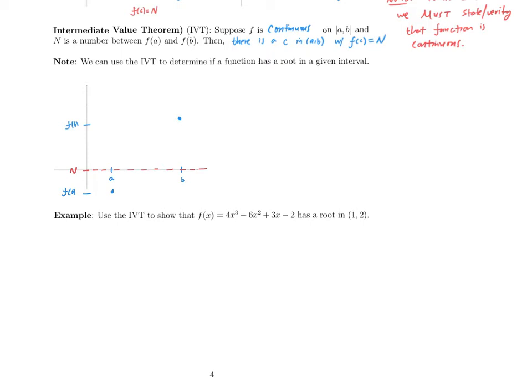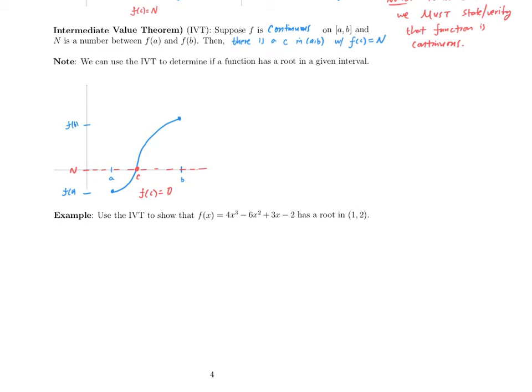So it could be 0. So when we connect these 2 points with a continuous function, no matter how hard we try not to, at some point in between, there's going to be this value where you cross the x-axis, which indicates that you have a root.